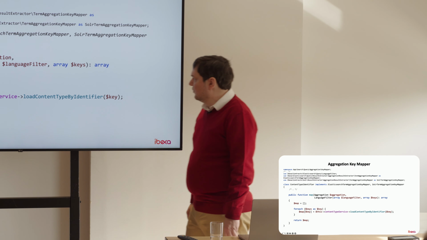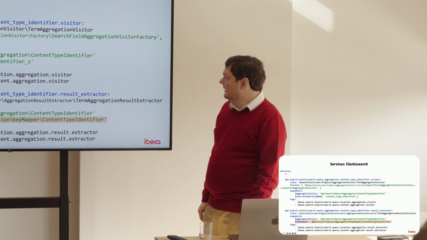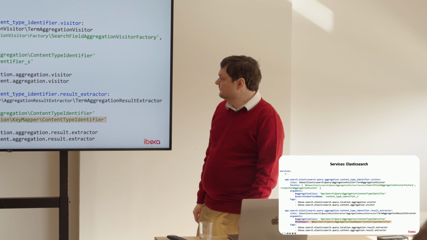And to gain some more time, I will handle both Elasticsearch and Solr at the same time. Don't need new code, so I just declare the Elasticsearch services the same way as the Solr ones. It's almost a copy, paste, and replace.